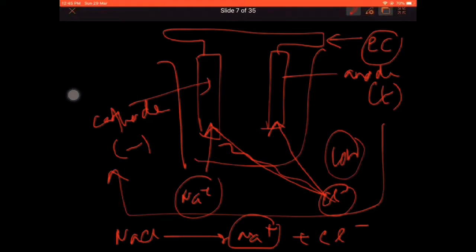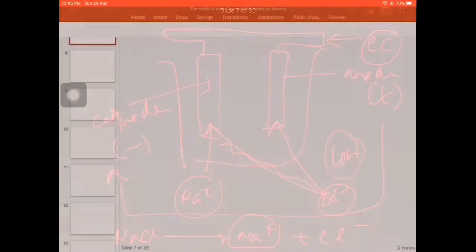Cl minus is only an accompanying ion here. So both ions will move independently. By doing the experiment, I will briefly explain more about the independence of ionic migration. Okay, and then back to the slide.